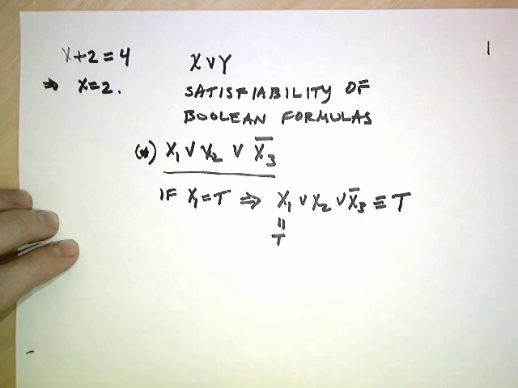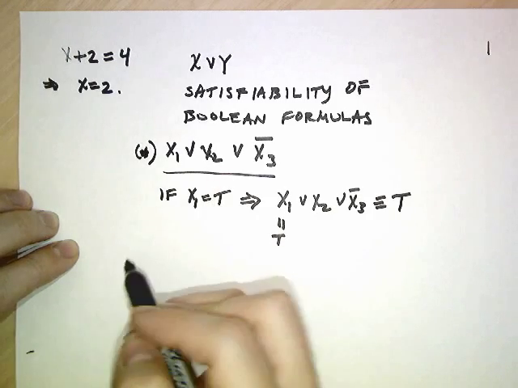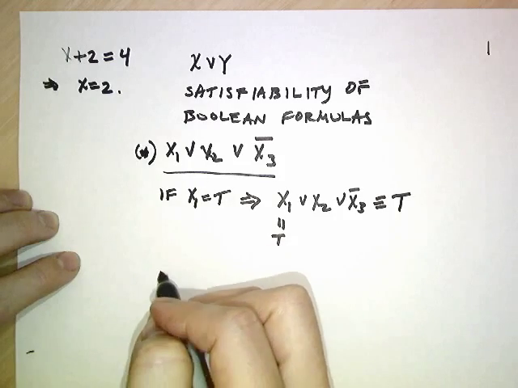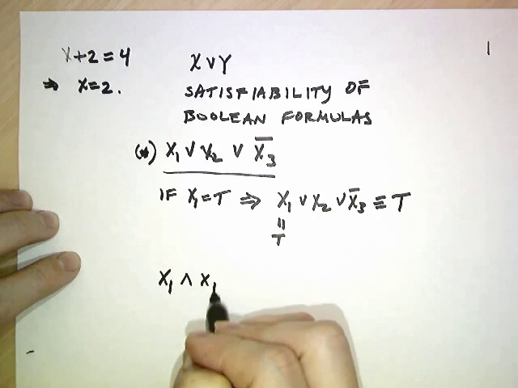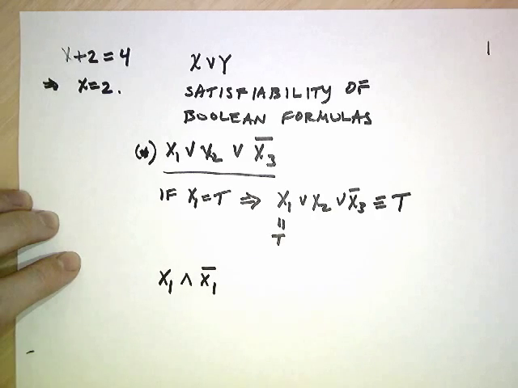Let me give you an example of a Boolean formula that's not satisfiable. x1 and x1 bar. Now notice, why is this unsatisfiable? If I put true in for x1, then I'm going to have true, but x1 bar will then be false, so I'll have true and false.